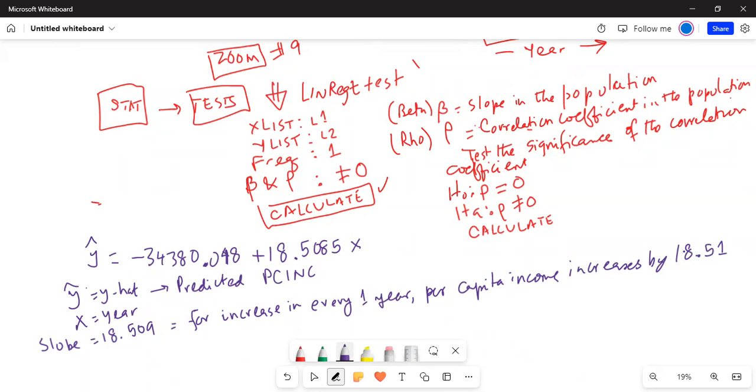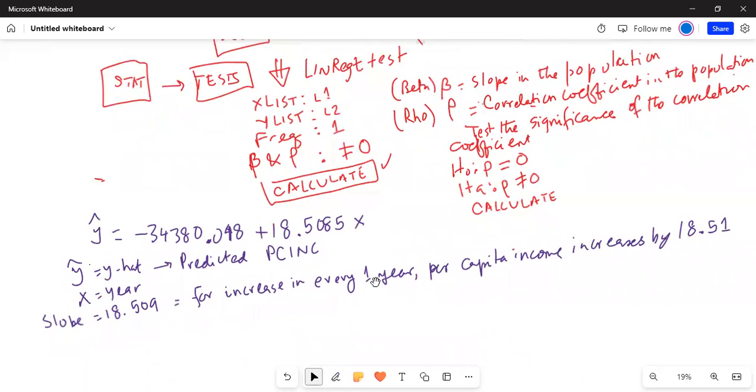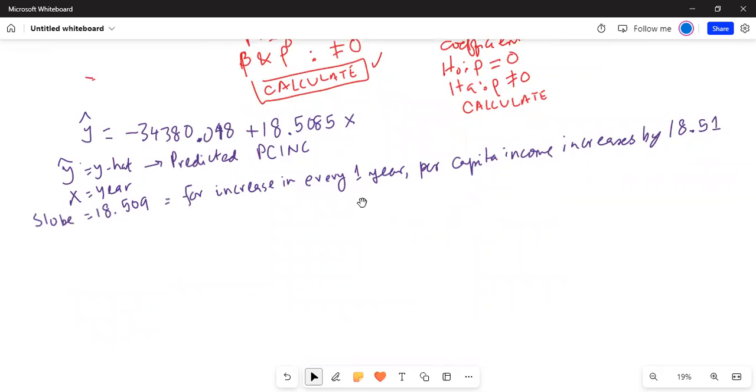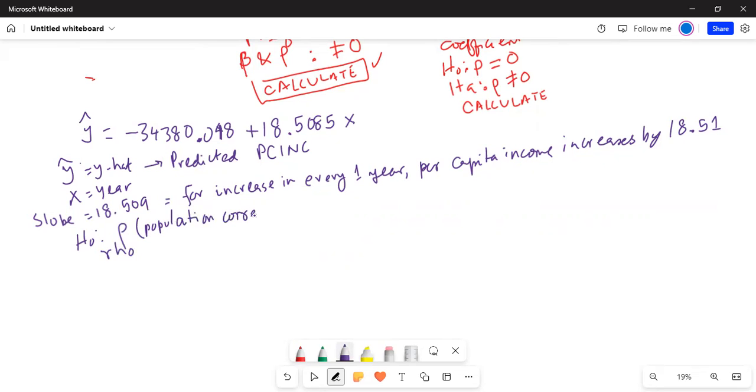Okay. Now we are going to test the significance. I already wrote the null hypothesis and the alternate hypothesis. Again, if I create some more space here. So my H0 is rho, the population correlation coefficient, is equal to 0.